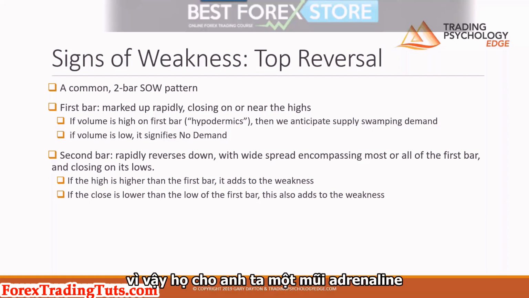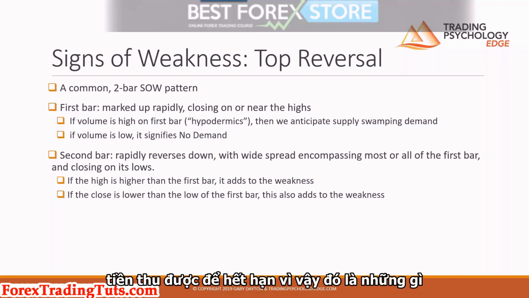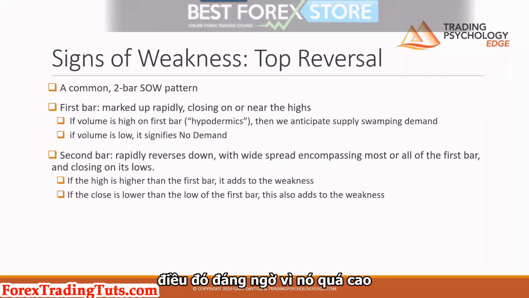So they give him a shot of adrenaline, and he jumps up on top of the operating table and dances a jig, and then dies. Proceeds to expire. So that's what hypodermics stands for. Excessive action on a bar that's suspect because it's so high up there and so far outside of the trend channel. And if volume is low, then it signifies no demand.